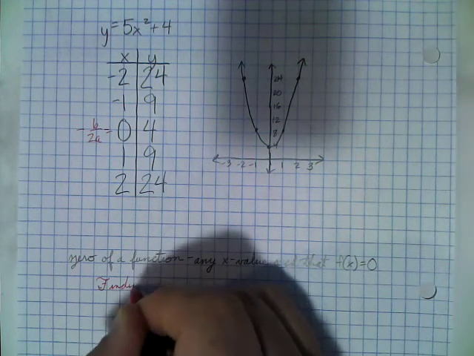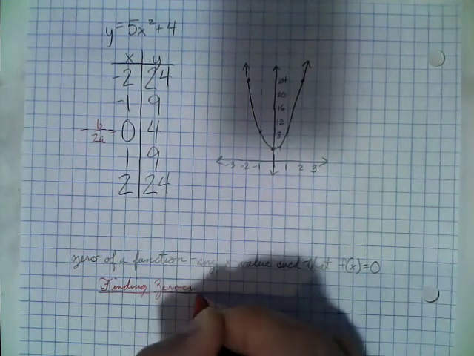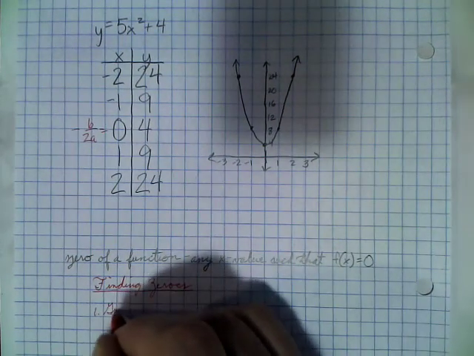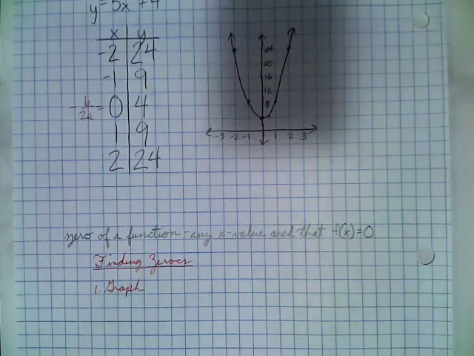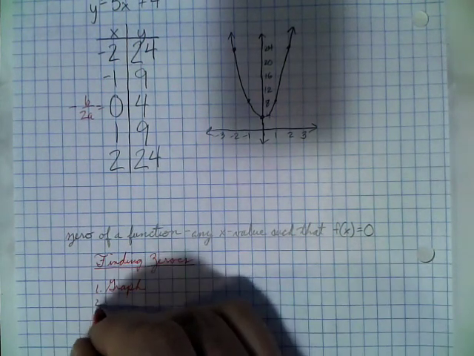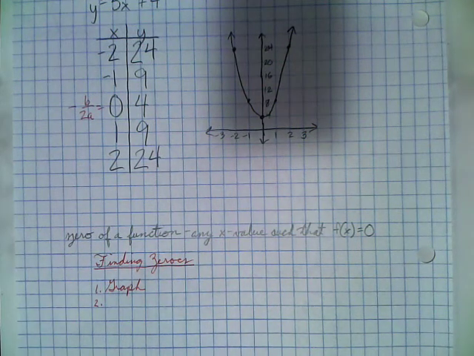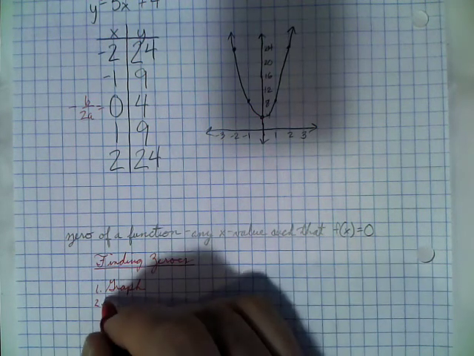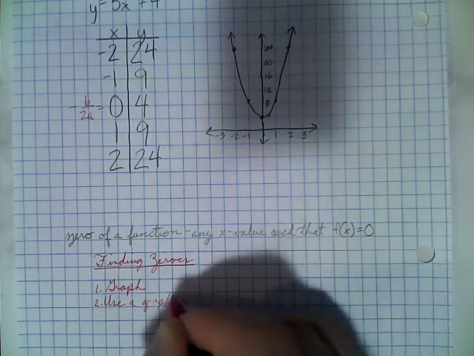So we're going to talk about real quick here finding zeros. One way to find zeros is to graph. Now that's not always going to work out nicely. For example, our second example that we did today, we can tell there are 2 zeros, but it's a little trickier to find out what their actual values are. So graphing isn't always the best option, but it is an option. 2, as you did in the lab, use a graphing calculator.